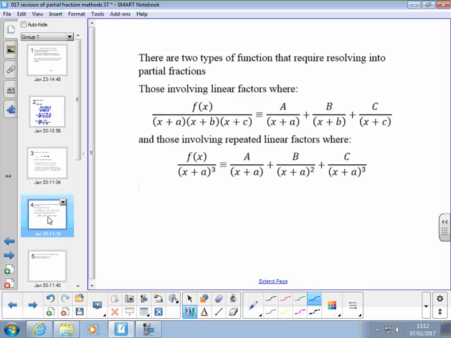Those involving linear factors, where we go from a function like that of linear factors into partial fraction of up to three separate fractions, and those involving what's called repeated linear factors, where we've got one factor in there to the power of 3 or more, and we'll be doing that method as well. Okay, so we'll be taking a look at both of those situations and examples in those situations today.